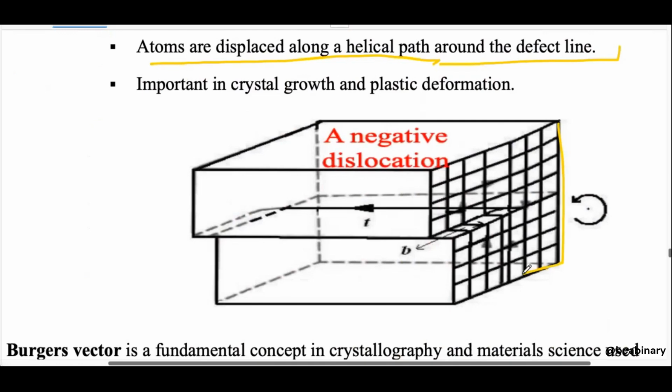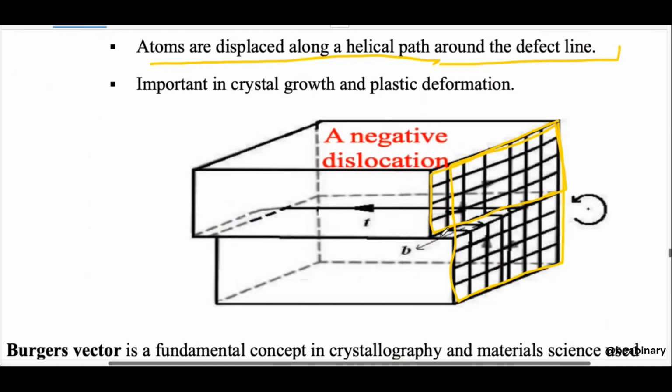this, this, and this straight way up to here, and then this. This was the original if everything would be perfect, but due to the dislocation, this half part has moved a little bit, in the form of a screw.